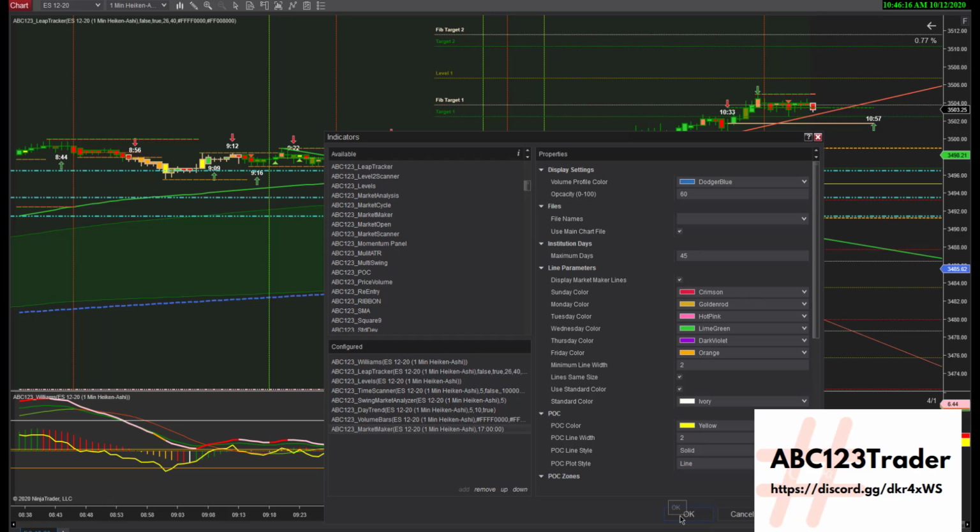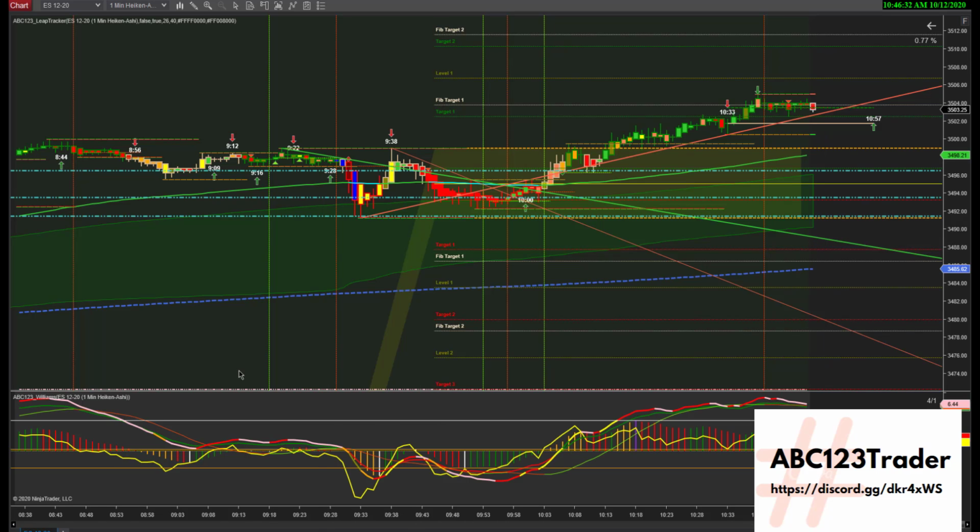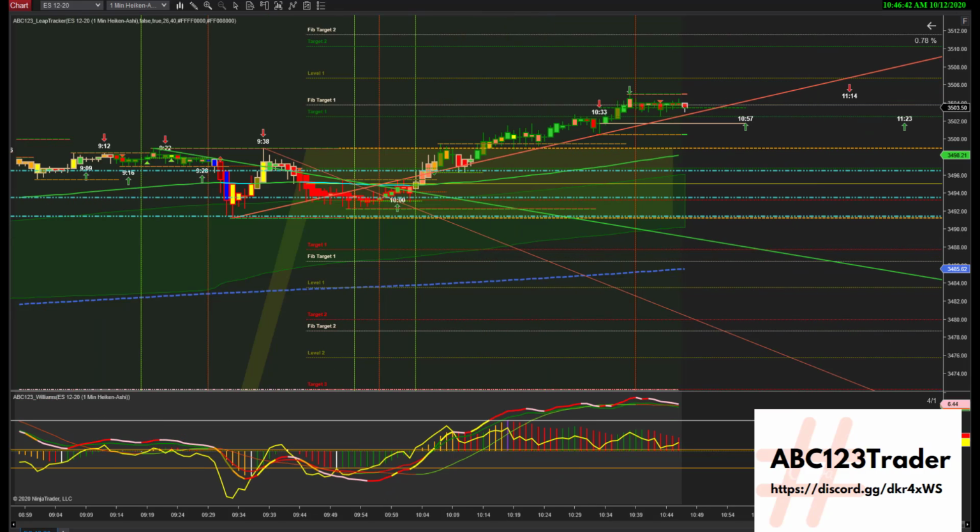Let's see if my computer locks up with market maker here. Maybe it is market maker. I'll have to see why it's doing that. It shouldn't be doing anything. It's a very, very straightforward algo. No, it's fine. It's not grinding. And that's about it. Yeah, it's working.